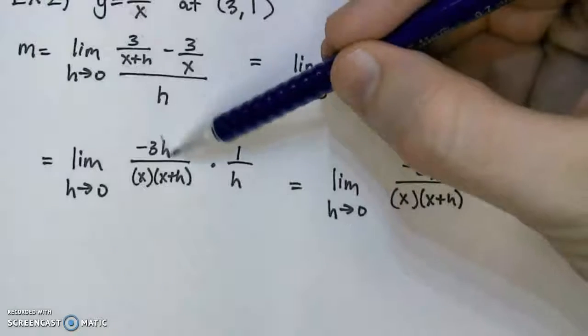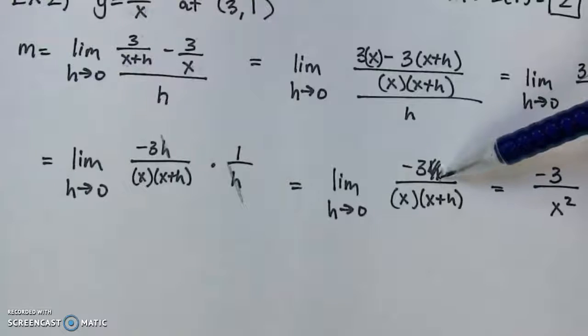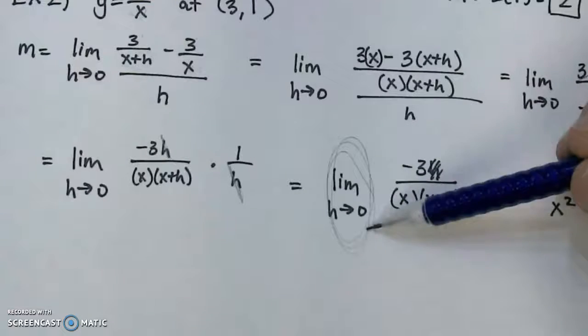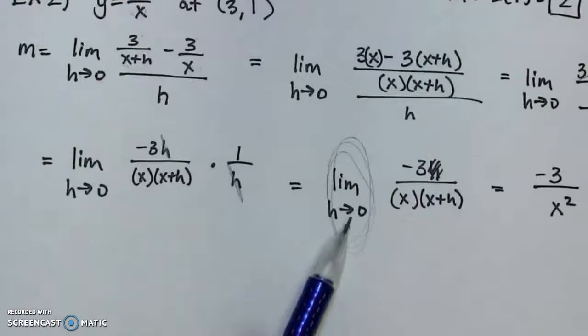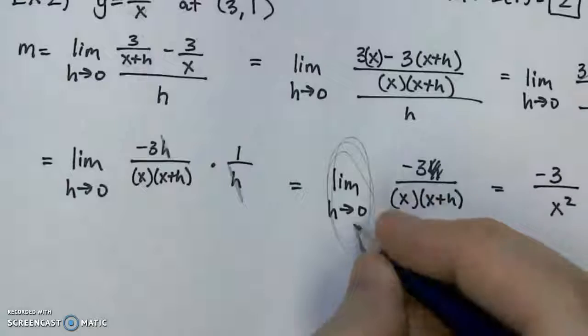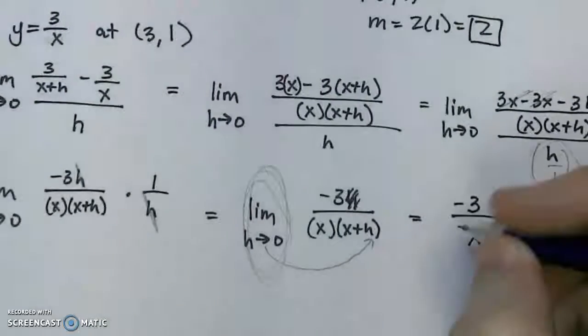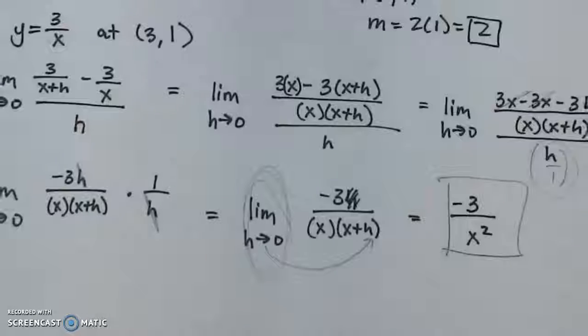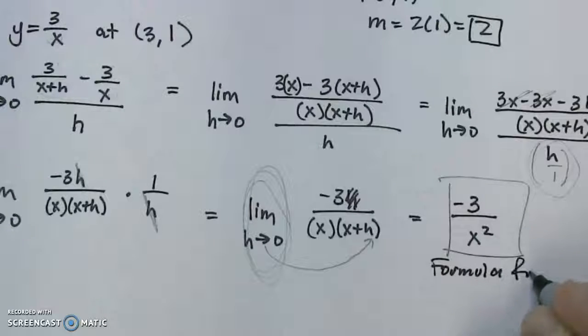Now we'll see that these h's cancel out, which is what I'm doing here. The h is gone. And now it is time to plug in the limit. So notice that the limit stayed the whole time until right now when I'm ready to plug in 0 for my h. So we plug in 0 for the h, and I got this. So this is the formula for the slope. If I want to know what the slope actually is, I need to evaluate it at the point (3, 1).